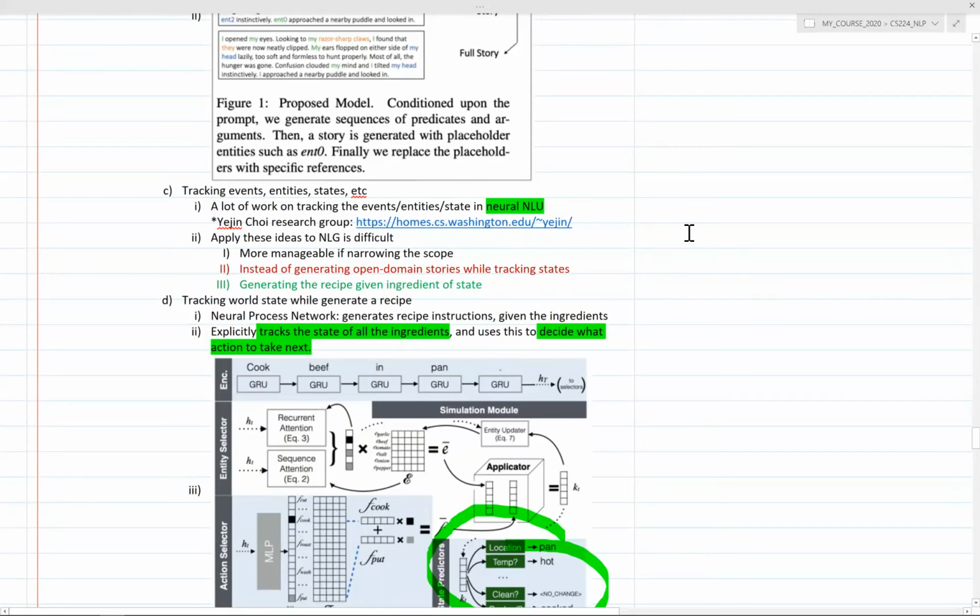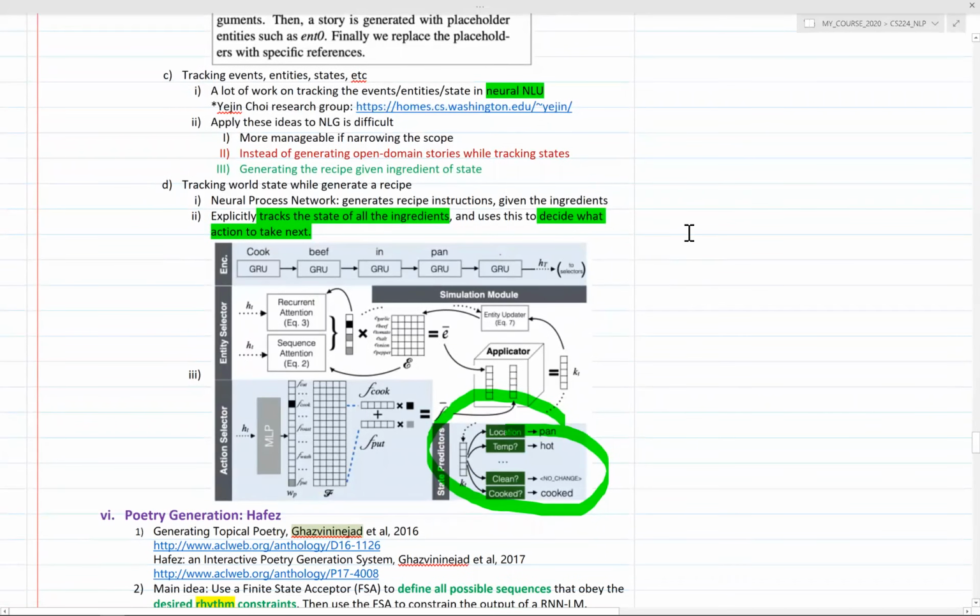So there's another way to solve this, introducing the events to the stories. It is called the tracking world state while generating the recipe. So it explicitly tracks the state of the ingredients and decides what action to take next. So the main idea is here.